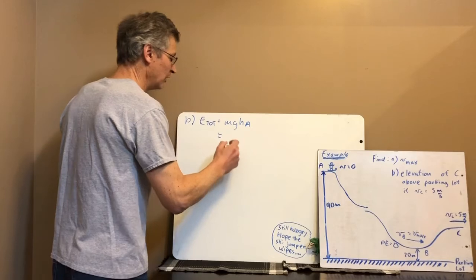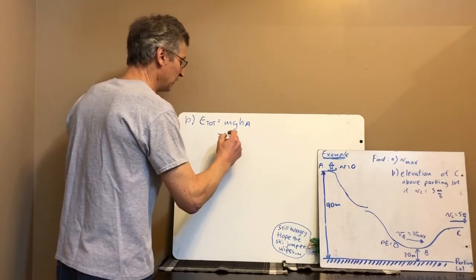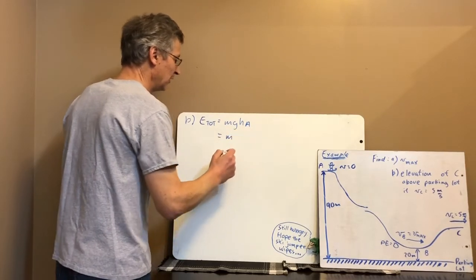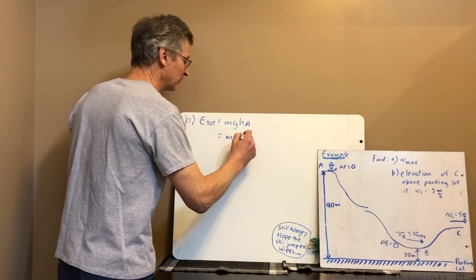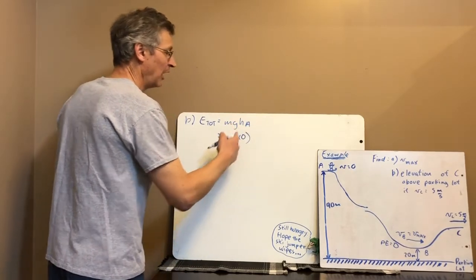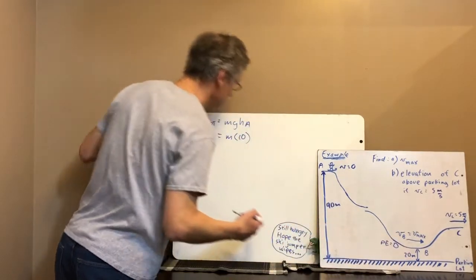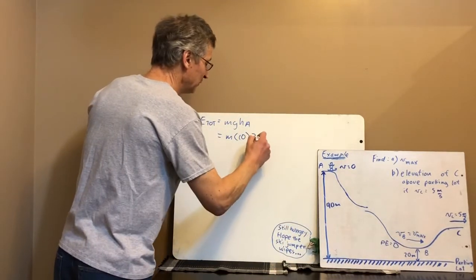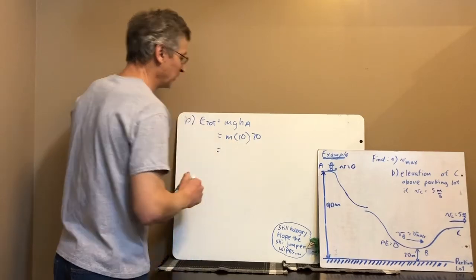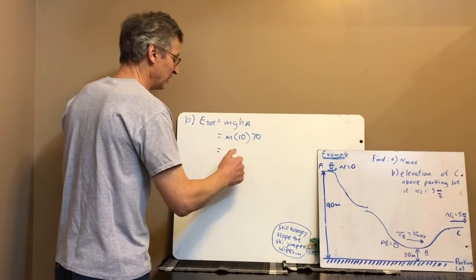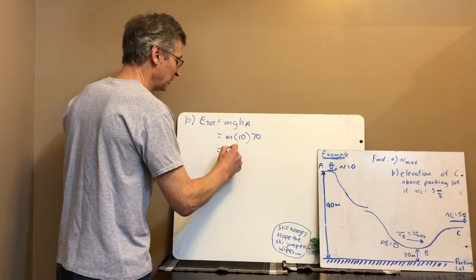And that worked out to be what? The mass times the gravitational field times the height of A above the 0 point, which was 70 meters. So that turns out to be 10 times 70, which is 700 times the mass.